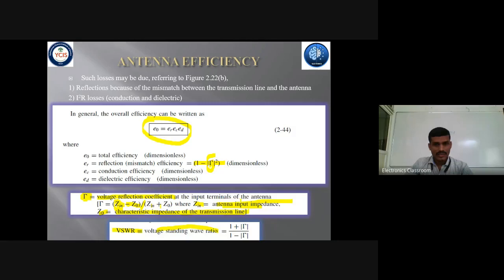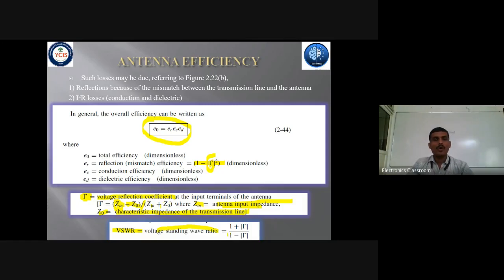Again, it is clear. After that, the ratio of the input impedance minus the characteristic impedance, divided by the input impedance of the antenna plus the characteristic impedance of the transmission line, is called the voltage reflection coefficient.